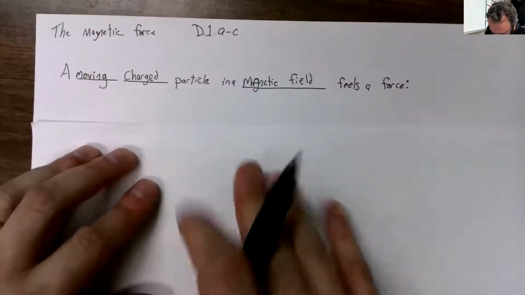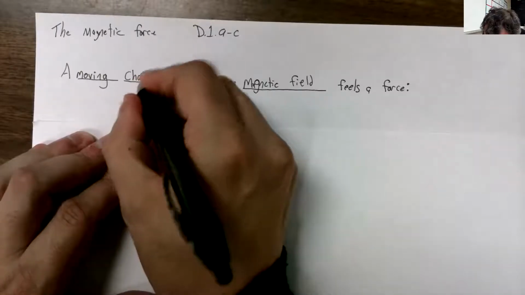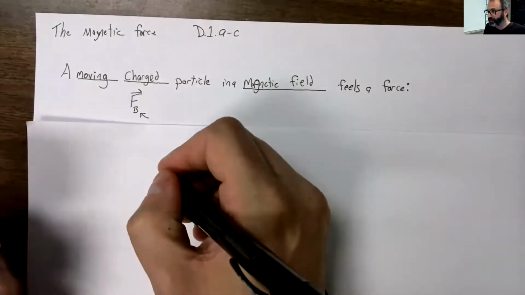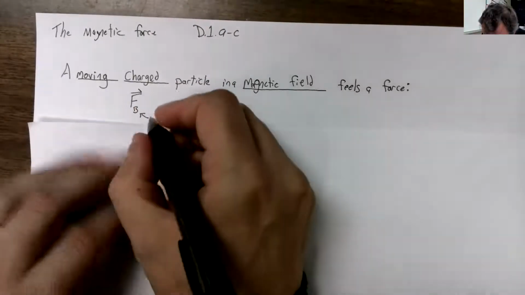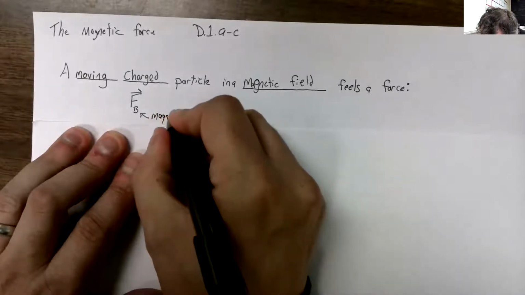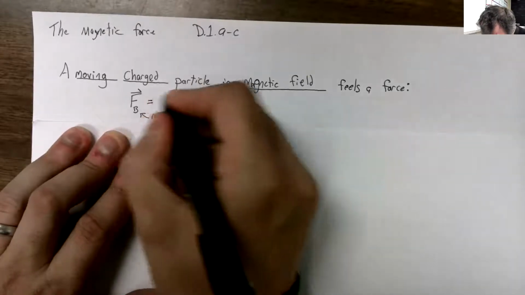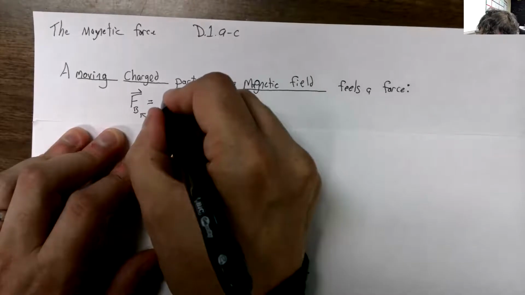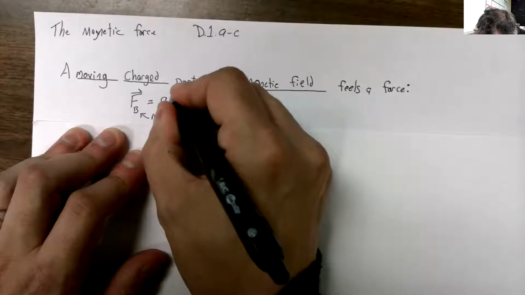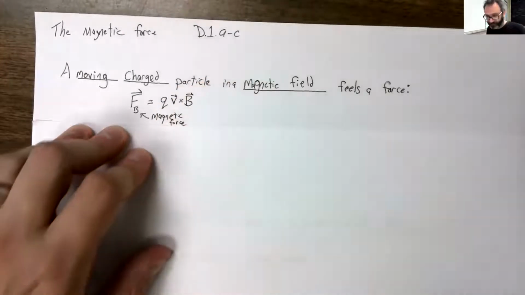All right, the force it's going to feel, this is the magnetic force here, F_B. Capital B is the symbol we use for magnetic field, while capital E is electric field. So F_B is the magnetic force, and it's going to equal the charge, Q, times the velocity of the charge crossed with the magnetic field strength itself.